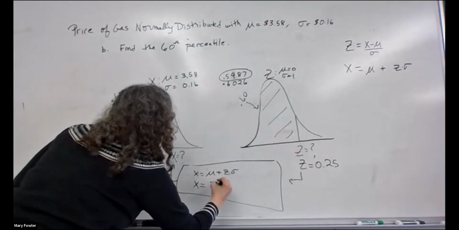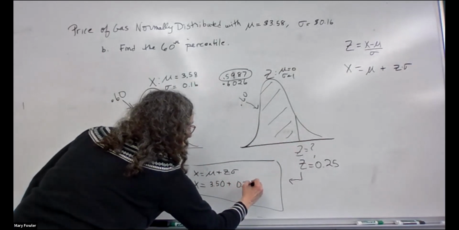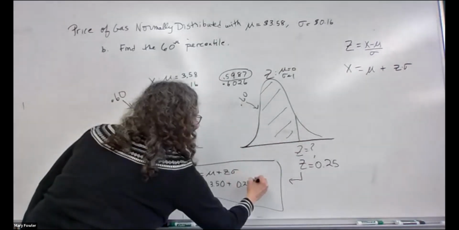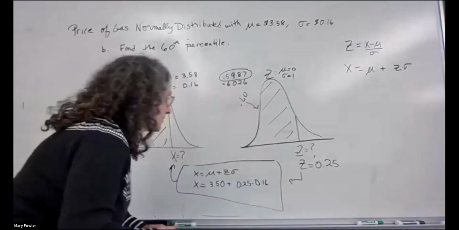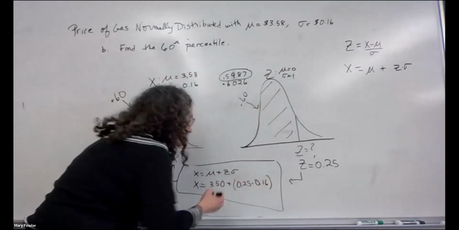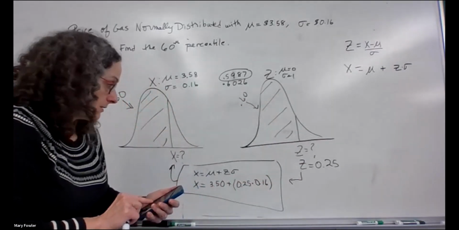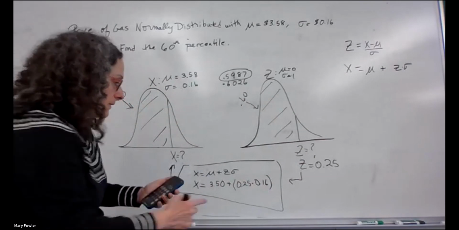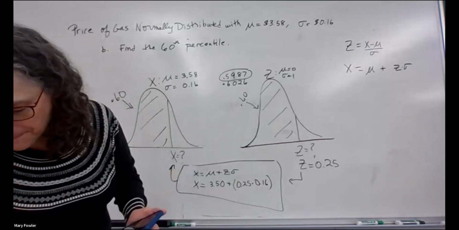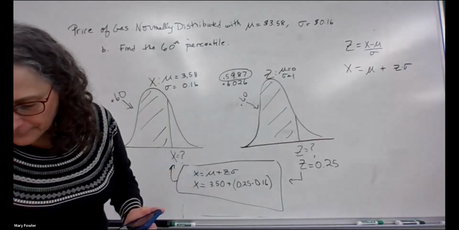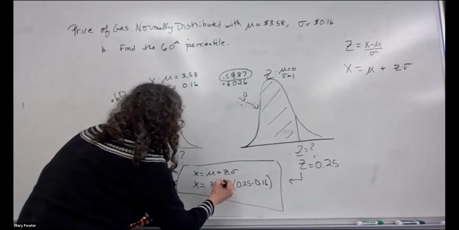So 3.58 plus 0.25 times 0.16. Okay, don't forget, we need to do the multiplication first and then do the addition. I get 0.04 over here. This is supposed to be 3.58.